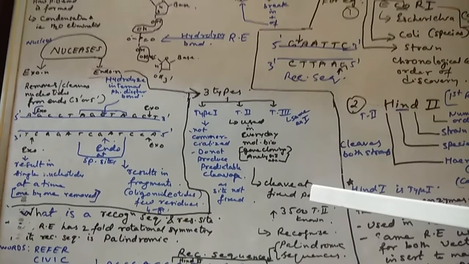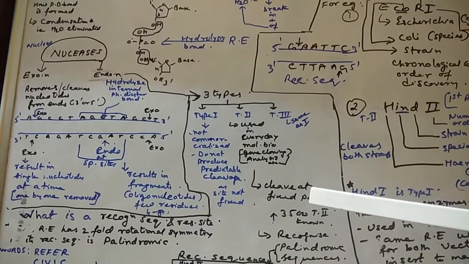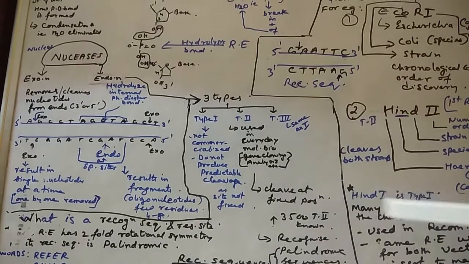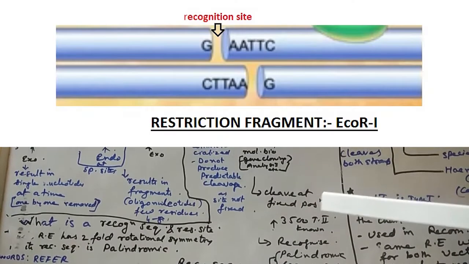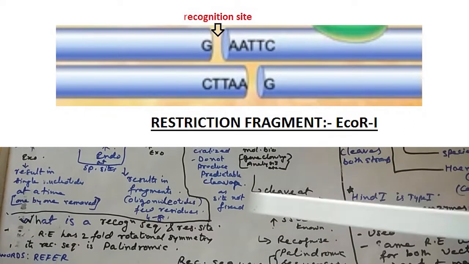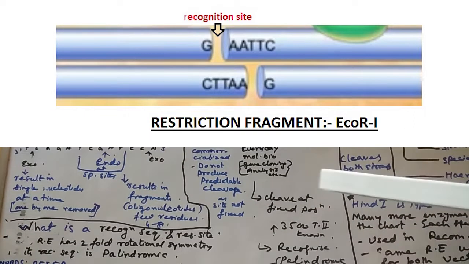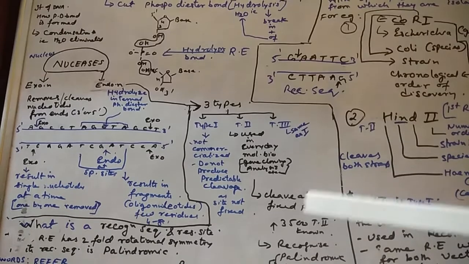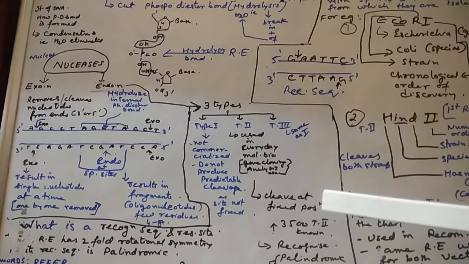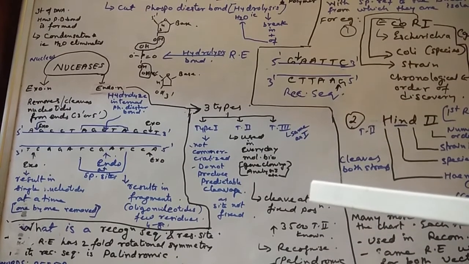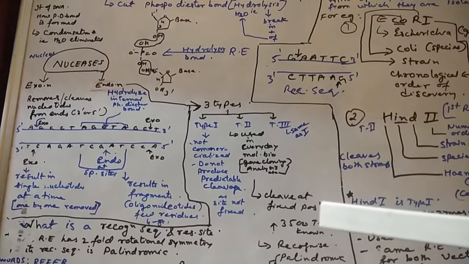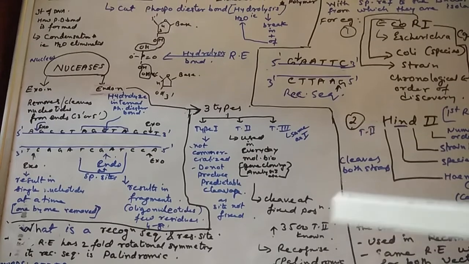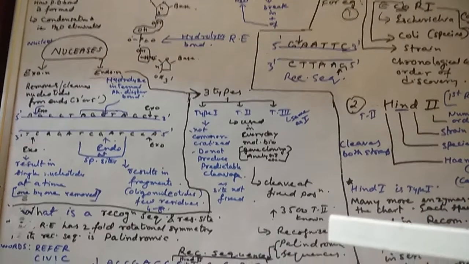It knows exactly where it can identify a particular area of sequence, which is known as the recognition sequence. And what a recognition sequence is, we will discuss now. So it will cleave at fixed positions. So we can easily use type 2 restriction enzymes to get the desirable fragments exactly with the positions of those bases where exactly we want.